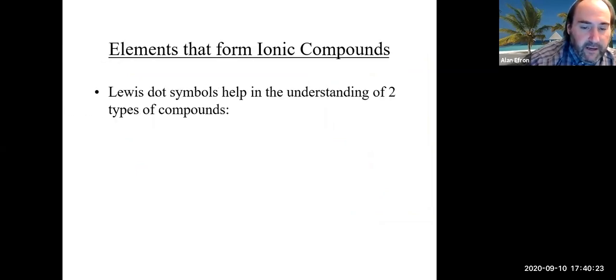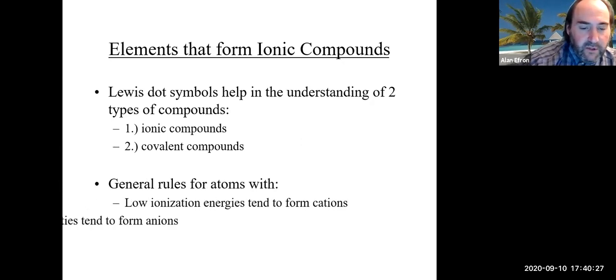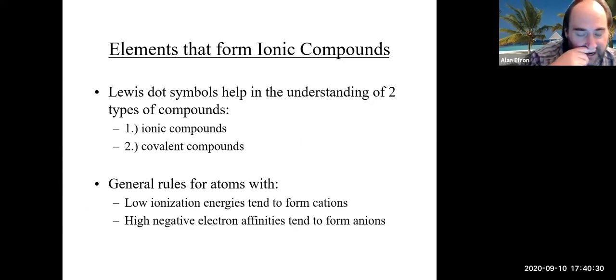So let us talk about ionic compounds. As we talked about, when we talk about Lewis dot symbols and structures, there are 2 types of compounds that come about. One is an ionic compound, and an ionic compound will always be a metal and a non-metal coming together.